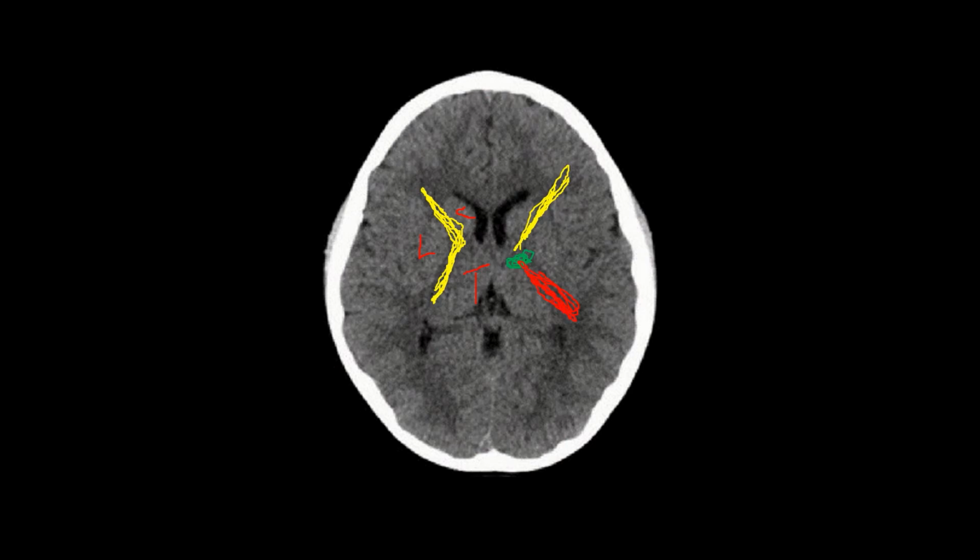The entirety of this region is supplied by the perforating branches of the middle cerebral artery. So any insult to the MCA vessel, the main stem, or the perforating vessels feeding the internal capsule, will cause a profound impact on the motor and sensory function because, as I said earlier, it's really bunched up over here.